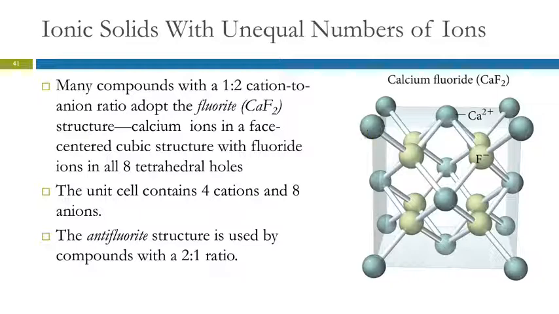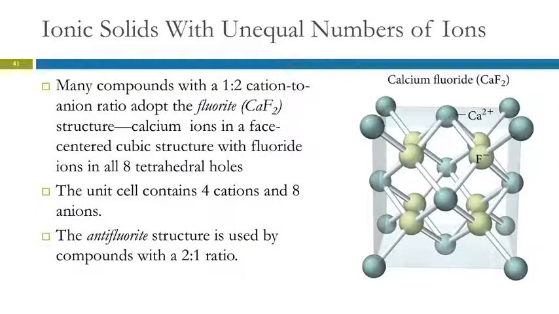So the calcium ions are occupying a face-centered cubic structure, and the fluoride ions, instead of being in 4 of the tetrahedral holes, they're in all 8 of the tetrahedral holes, because we need a 1-to-2 ratio. We need twice as many fluorides. So this unit cell is going to have 4 cations and 8 anions in it.